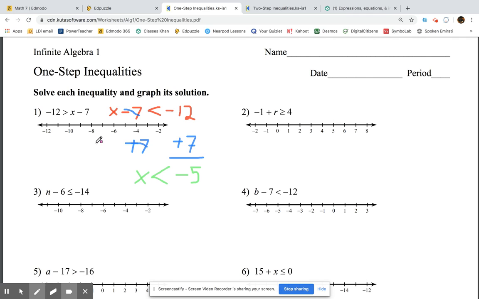Okay. So first of all, I see it's strictly less than, so that means it's going to be an open circle here on negative 5. See, negative 5 is in between negative 6 and negative 4. Which way is it going to face? Well, x is less than, you see the smaller side? So x is less than negative 5. So we're going to graph all the ones that are less than.